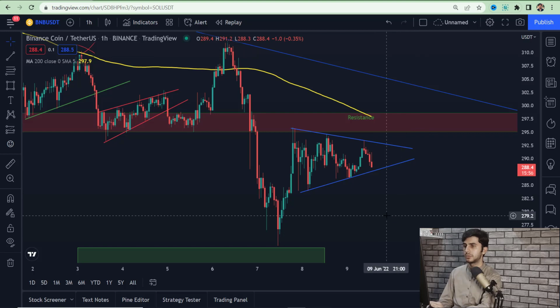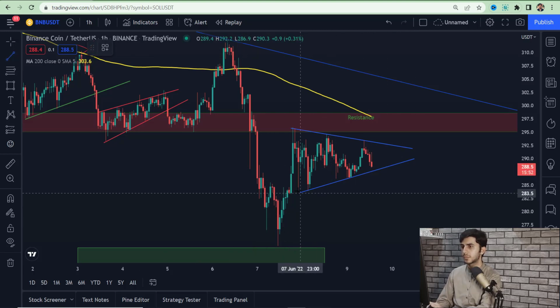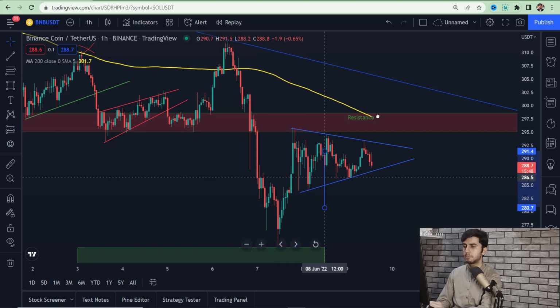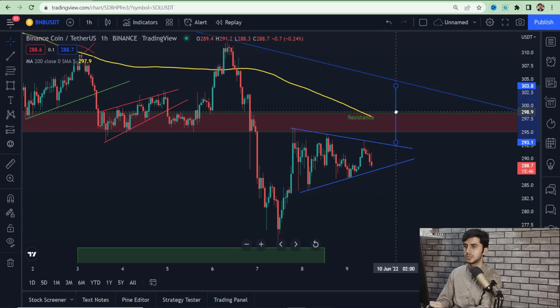So if you want to trade this pattern, I would suggest, this is somewhere close to a pennant as well as something close to a flag, and it is almost targeting that area, the resistance line.